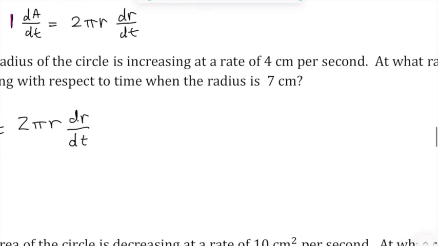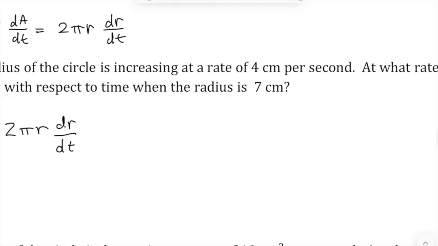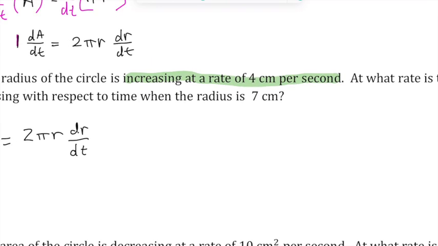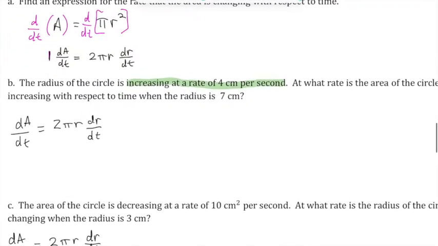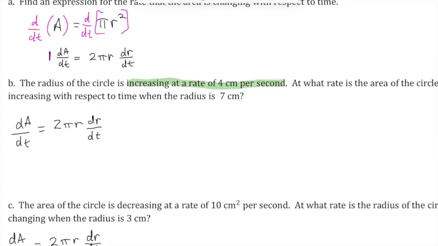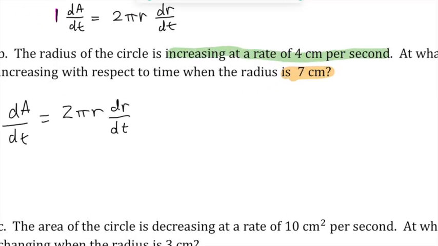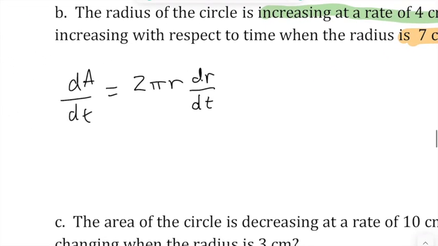Okay, part B. The radius of a circle is increasing at a rate of 4 centimeters a second. I'm going to highlight that in green. At what rate is the area of the circle increasing with respect to time when the radius is 7? So if you notice with our equation, the 2 and the pi are just constants.